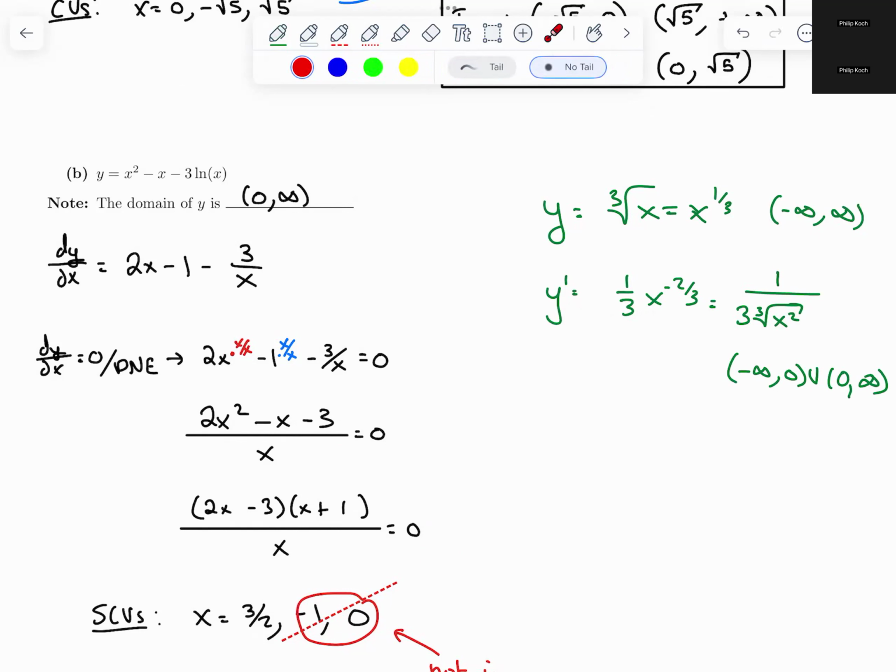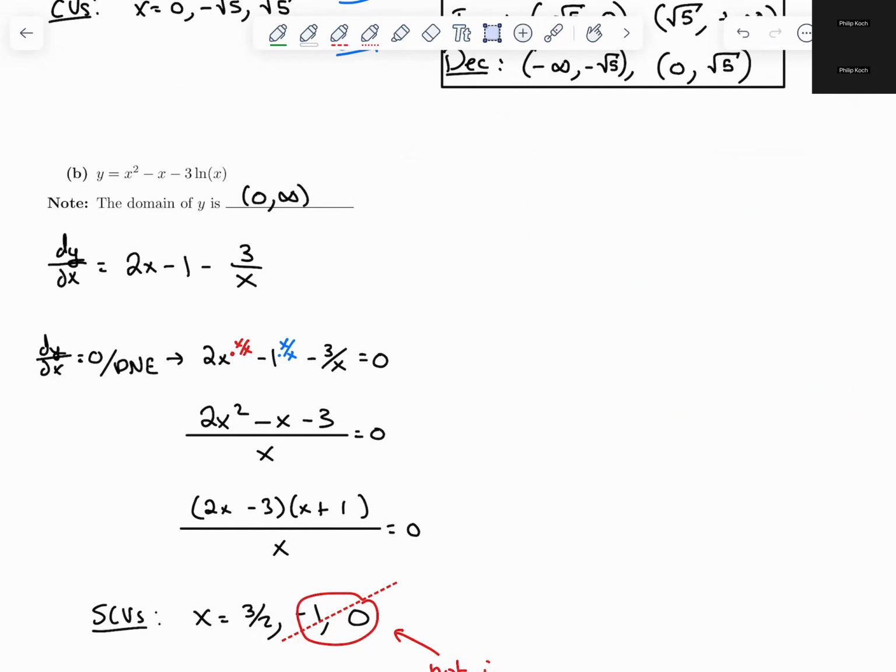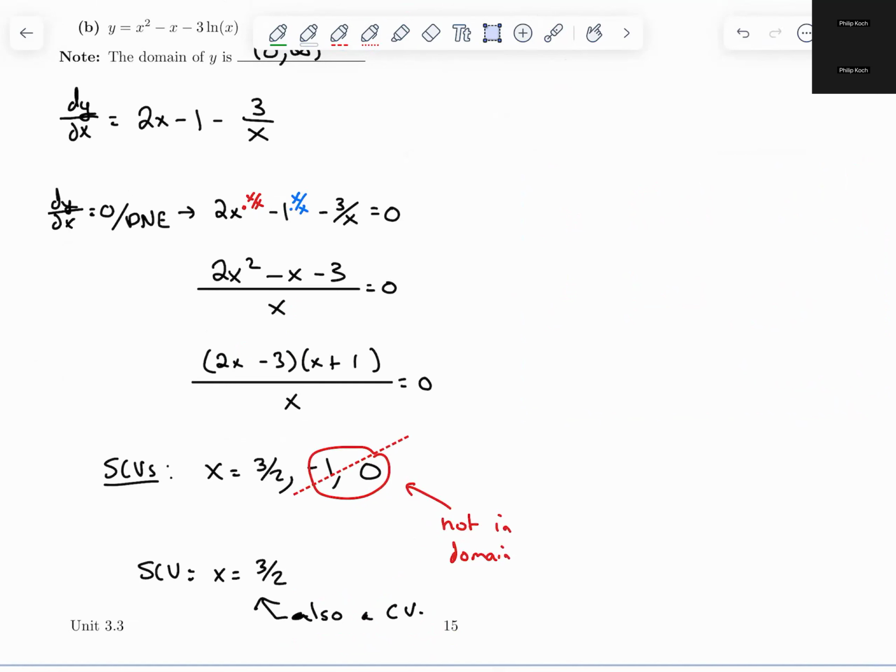So the derivative's domain is always a subset of the original function's domain. Does that make sense? Any questions? Subset means a set inside it. So this interval is a subset of negative infinity to positive infinity because it's the same thing, we've just nixed out 0.